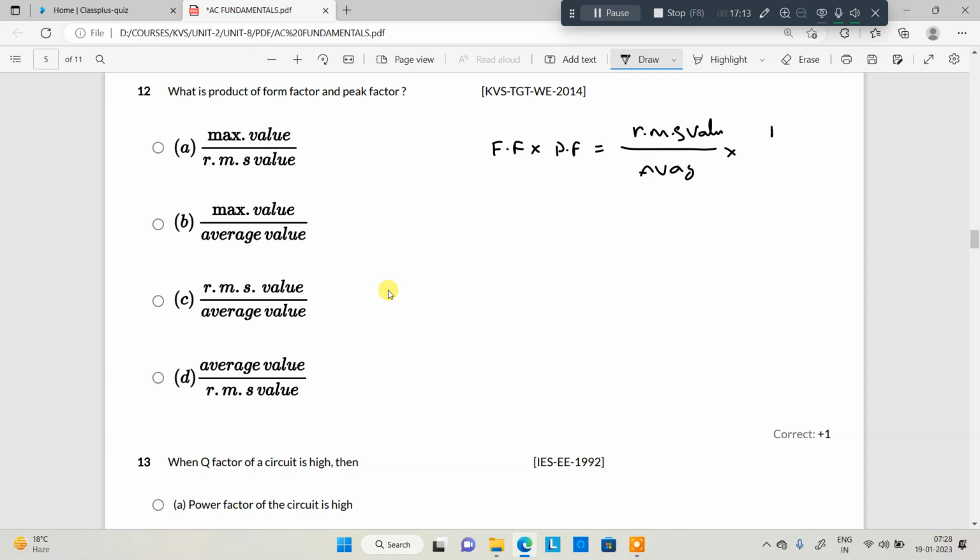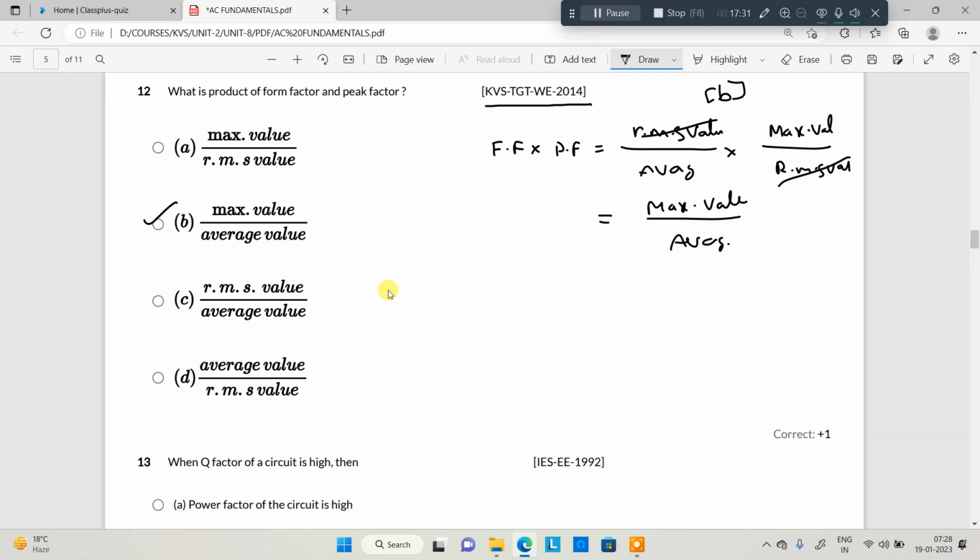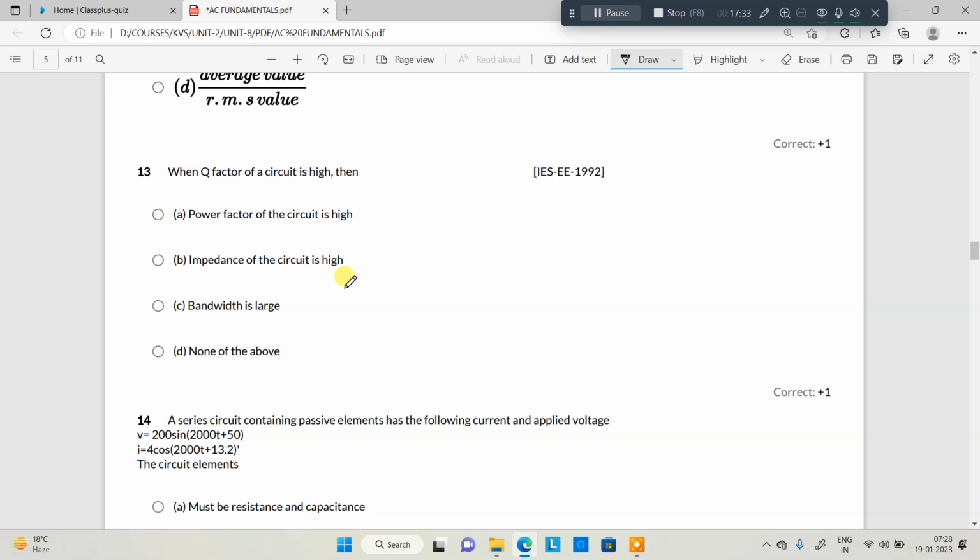Peak factor: maximum value divided by RMS value. So from that, these two get cancelled. The maximum value divided by average value. So what is the option? Maximum value divided by average value. Option B is the correct option. This is a 2014 question paper. Next, this is a question from IES 1992.